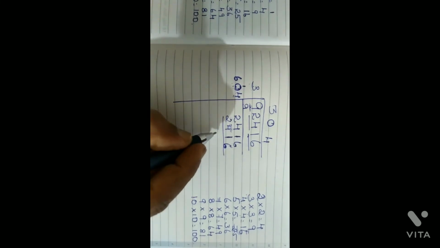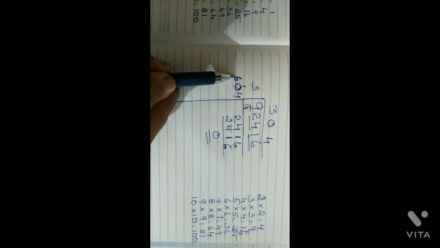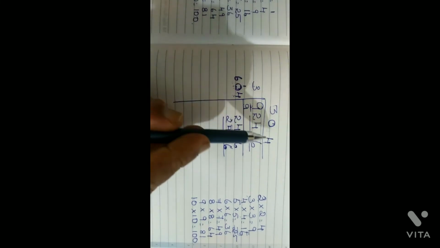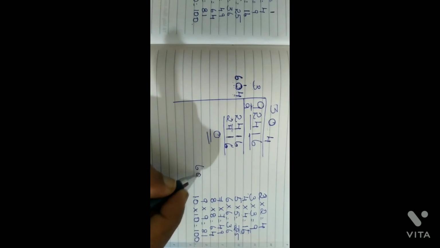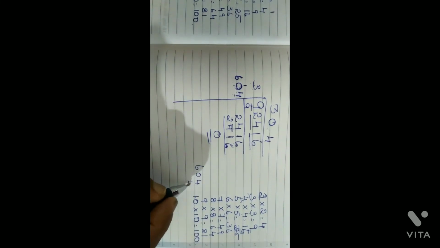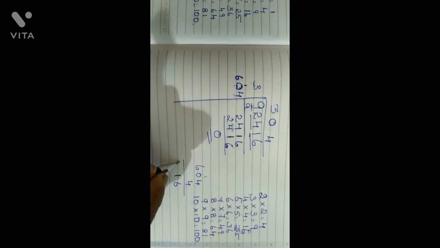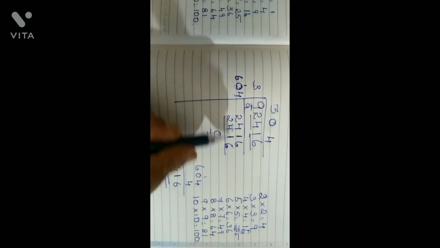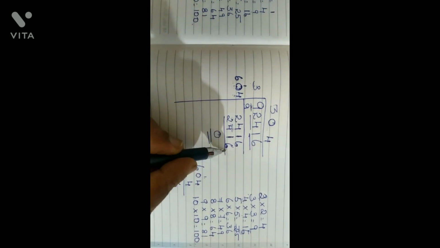Then you subtract, get 0. Actually here you are multiplying this whole 604 into 4. It's the normal multiplication. You can do it and check also. So you get the perfect square here.